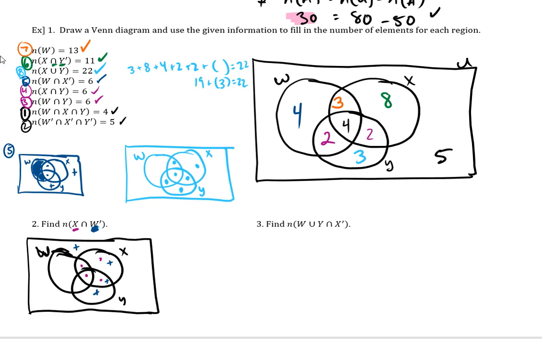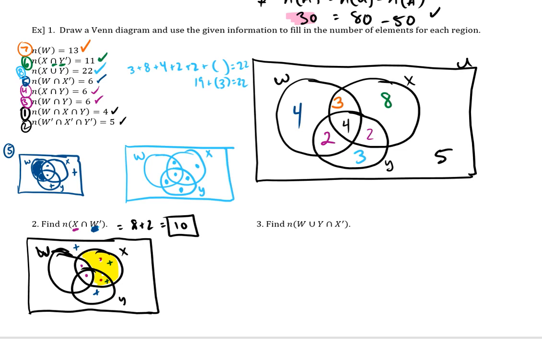So there's the 4 regions that are not W. And so we can see, I'm going to highlight, these are the 2 regions that are common in both. So that means I need to just take the numbers that corresponded to those, so it's 8 and 2, and add those together. All right, so there we go. So we got our answer for that one.